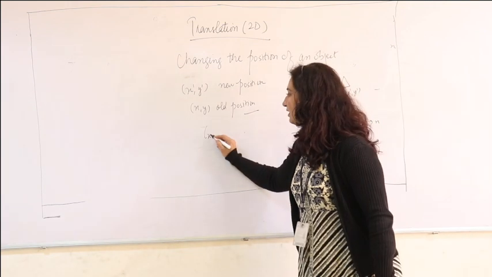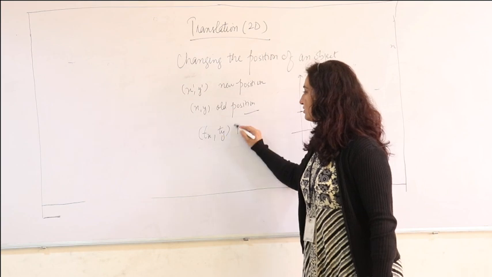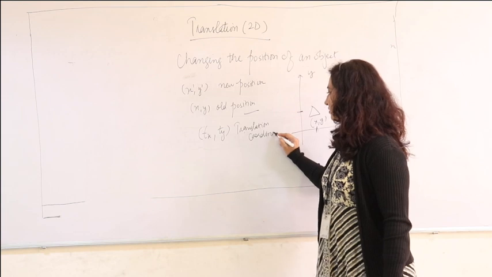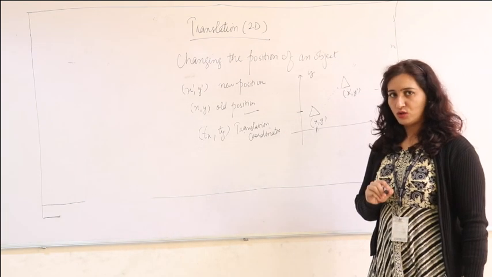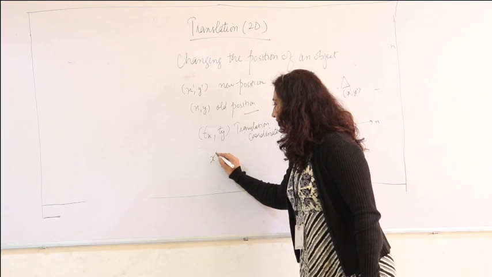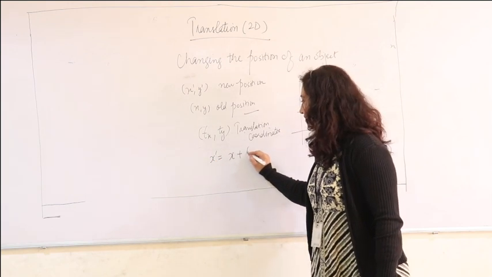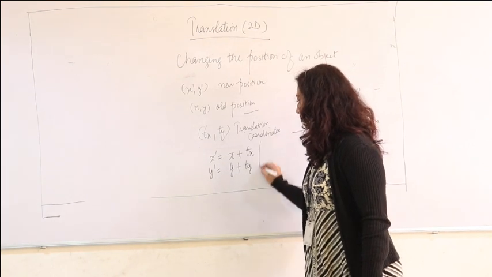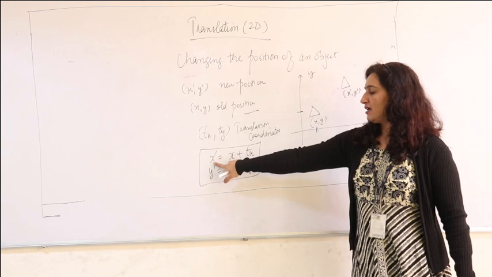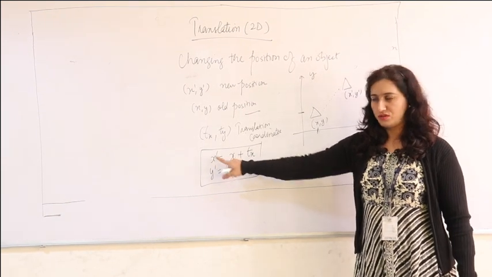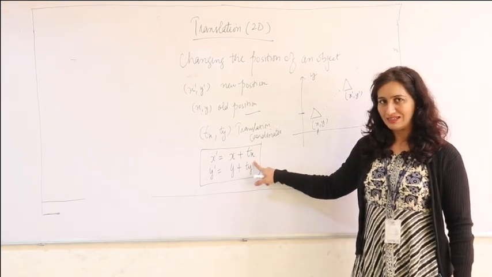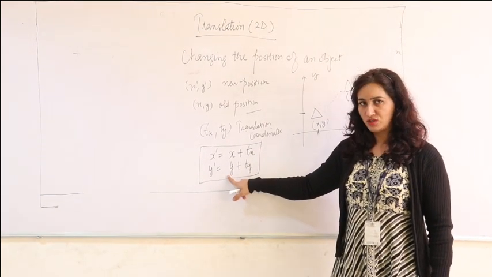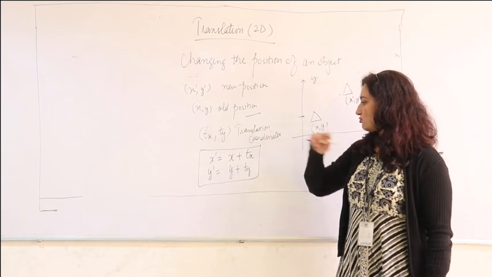So how much we translate from here to here? Here tx and ty are known as translation coordinates. Clear? So what will be the formula? x dash is equal to x plus tx and y dash is equal to y plus ty. x dash is the new translated position, which is x plus tx, where tx is the translation coordinate. y dash is equal to y, the old position on the y-axis, plus ty, the translation coordinate.